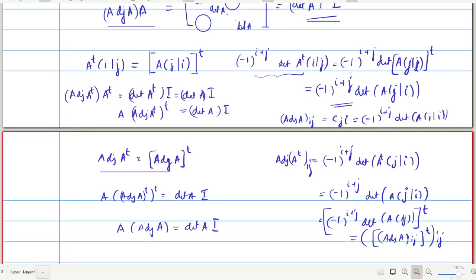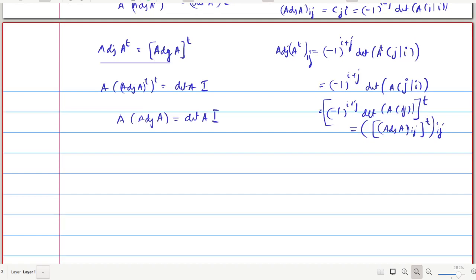Now you can easily think of the inverse. Assume the determinant of A is not equal to 0. We have the equation A into adjoint A equal to determinant A times I, which is equal to adjoint A into A. These are the two equations we have established.